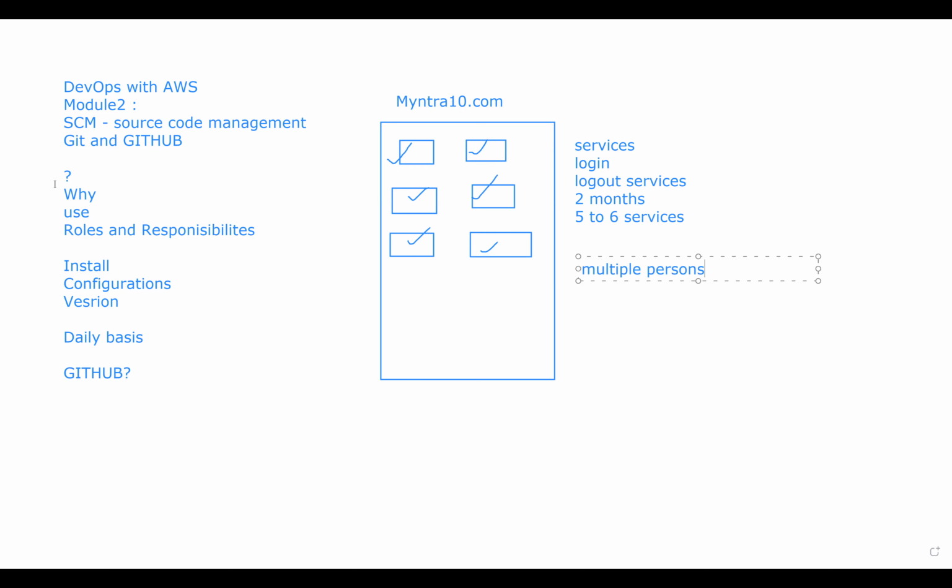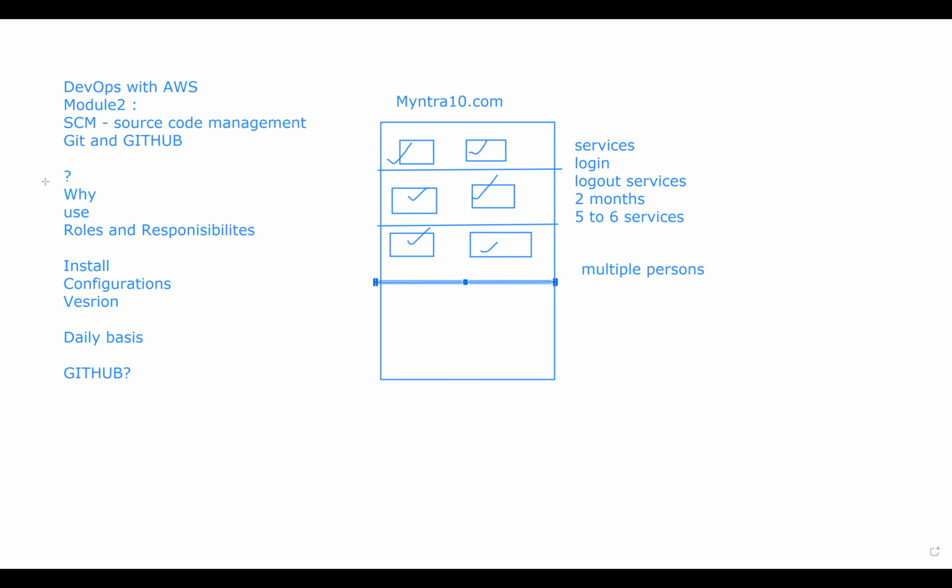For example, these first 3 services are worked on by developer 1, this is developed by developer 2, and this is developed by developer 3. There are a total of 3 developers working on 6 services. Will all of them work from one place? No. Different team members will work from different places.